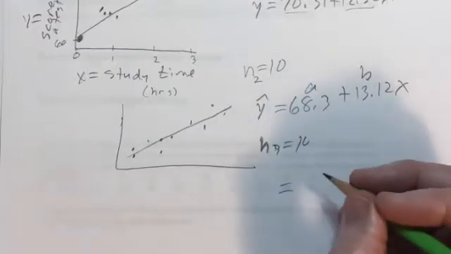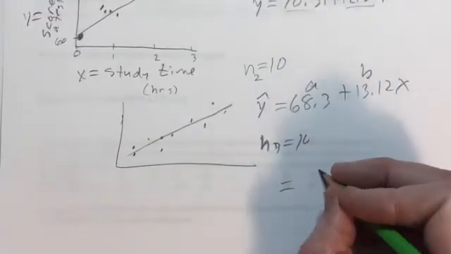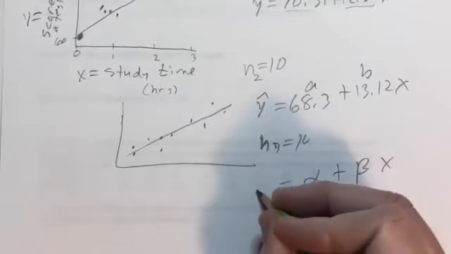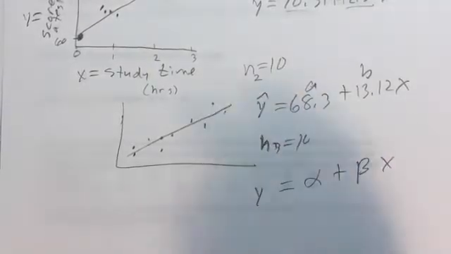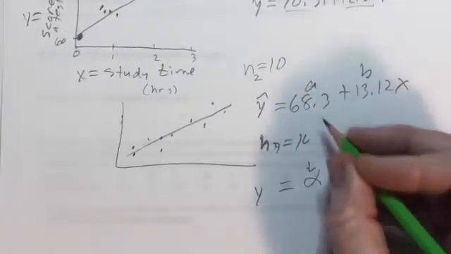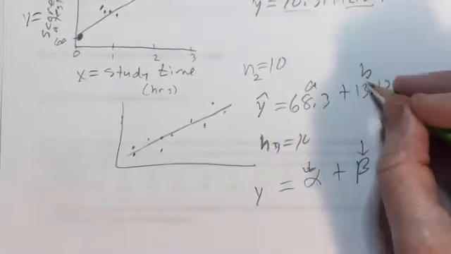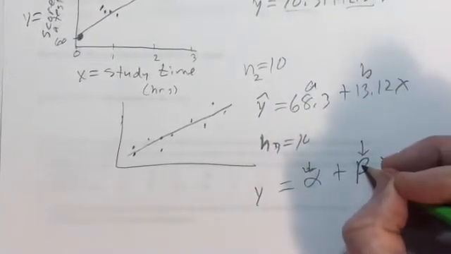And that would in essence be alpha plus beta times x, where alpha is the true population y-intercept and beta is the true population slope.